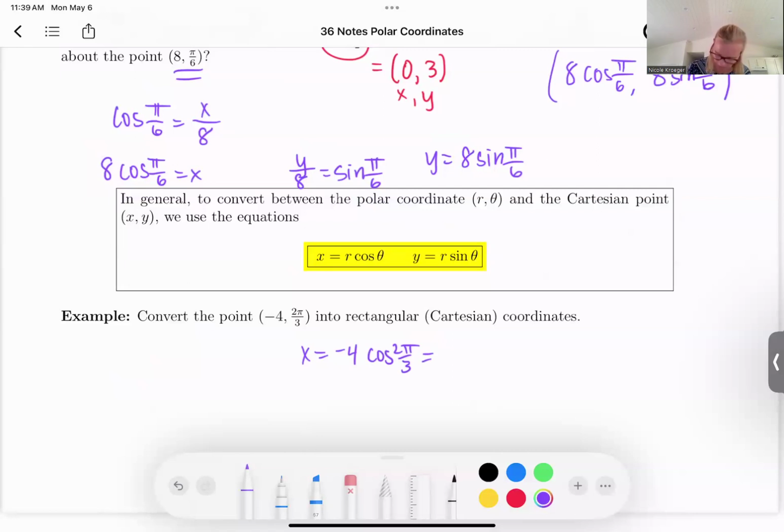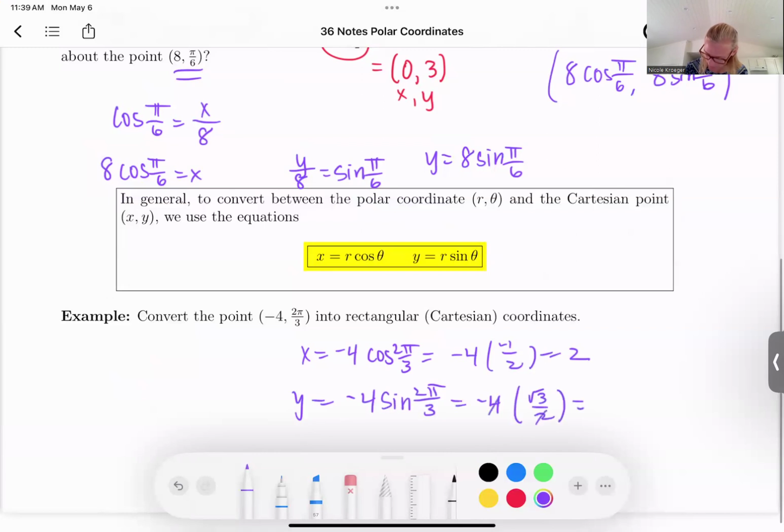Cosine of 2 pi over 3 gives me negative 1/2. So I'm going to get 4 times negative 1/2, which will give me a positive 2. My y will be negative 4 sine 2 pi over 3. Sine of 2 pi over 3 is root 3 over 2, so the 2s will cancel out. I'll get negative 2 root 3. So this point in Cartesian coordinates is 2, negative 2 root 3.